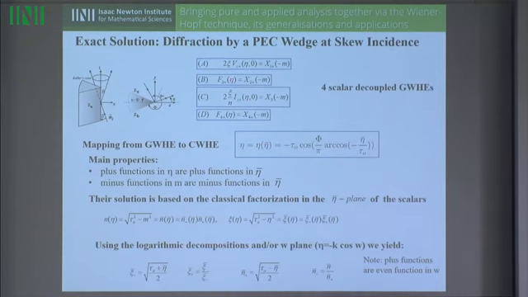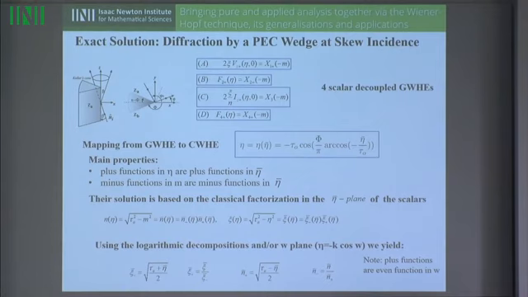They are plus functions in the eta bar variable, and minus functions in m variable maintain their properties in the m bar variable. It's not true vice versa. So we have this property. So we transform these 4 independent equations, 4 decoupled equations, into 4 classical equations.